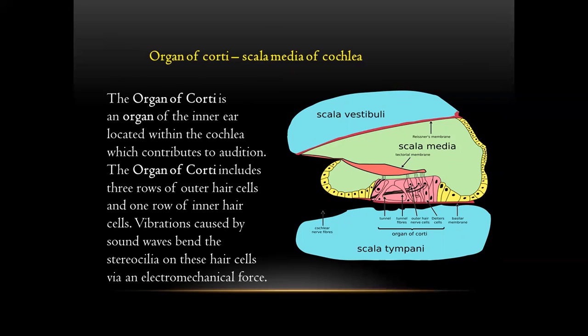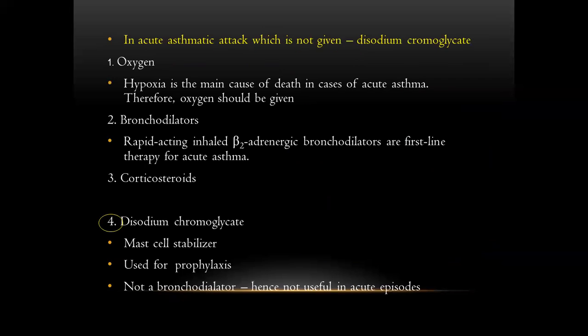The organ of Corti includes rows of hair cells, in which one row of inner hair cells and three rows of outer hair cells are present. So the organ of Corti is basically present in the scala media of the cochlea. I hope it's clear.